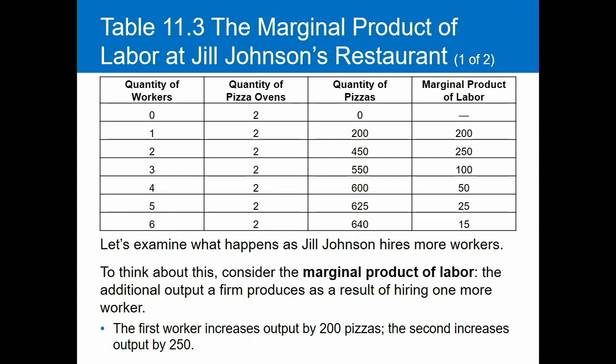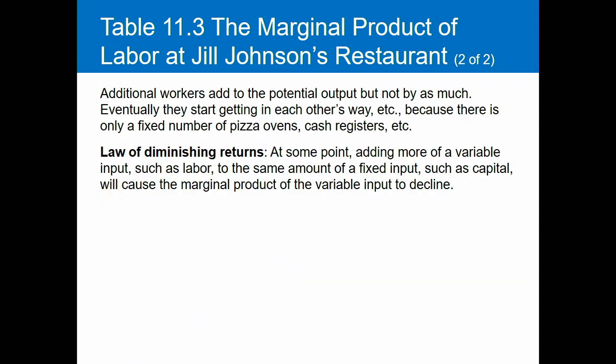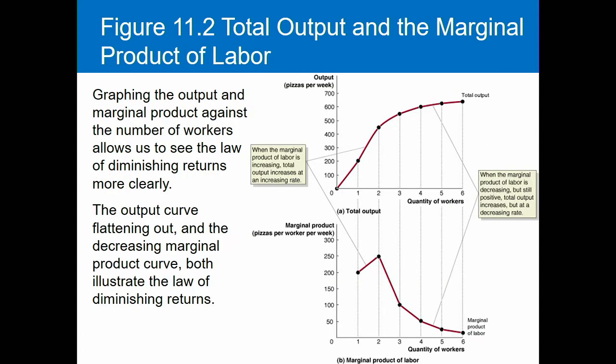And then going forward, it's going to get less and less and continue to bring down the average product of labor. So that's basically why we see the relationship here. We see marginal product of labor flattening here, getting less and less, marginal product decreasing.